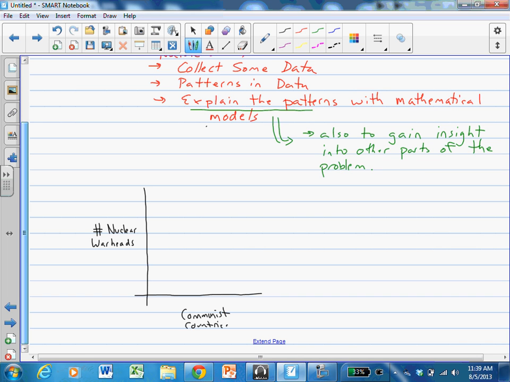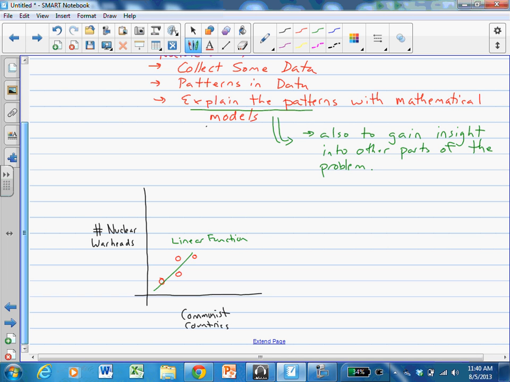We notice as the number of communist countries went down, the nuclear warheads have decreased as well. So a small number of communist countries needs a small number of warheads. So we collect some data, and over the years we've seen the number of countries, and we could predict, or we could interpolate in here with a linear function to explain the data of number of communist countries versus number of nuclear warheads.